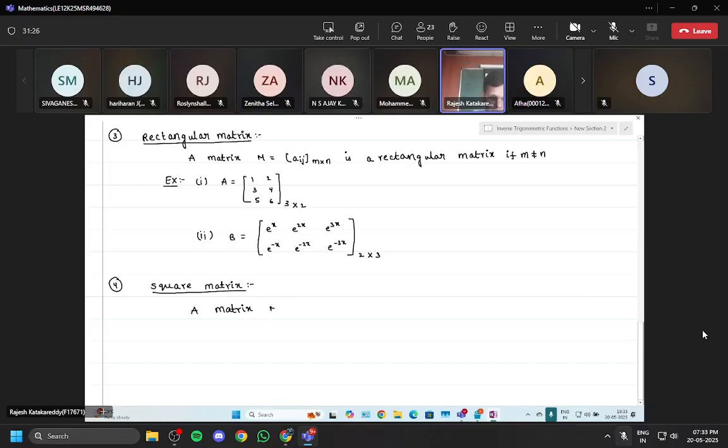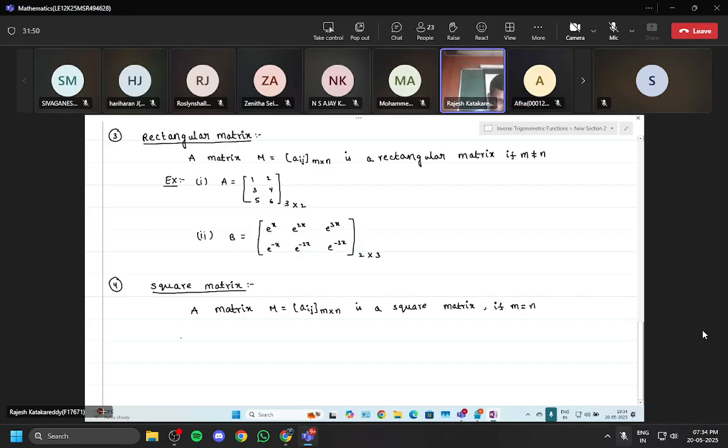The matrix M is equals to Aij of order M by N is a square matrix if M is equals to N. Right?